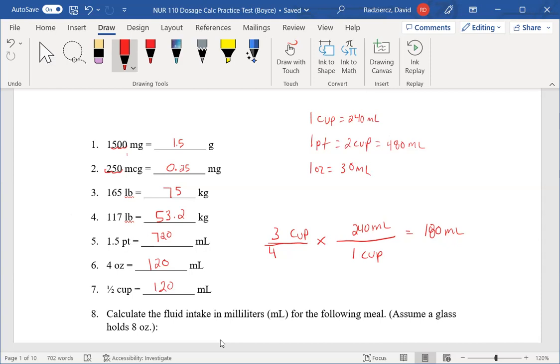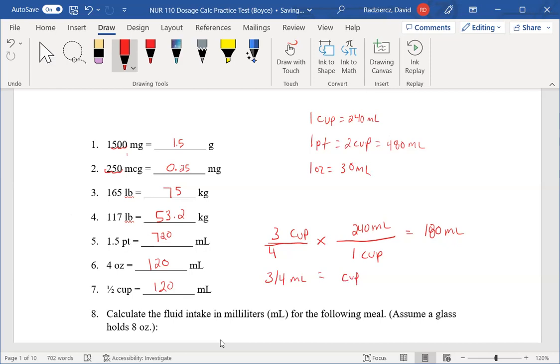The only thing that might make a challenge, and you shouldn't see a question like this, but let's say it was written out as 3/4 milliliters, and I want to know how many cups that is.